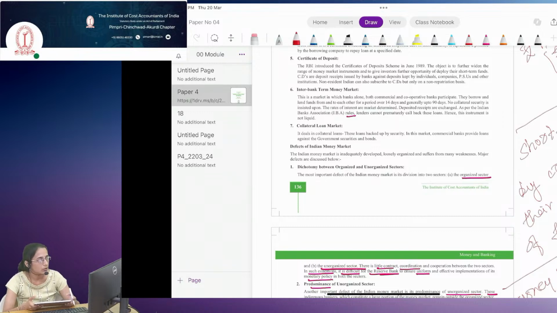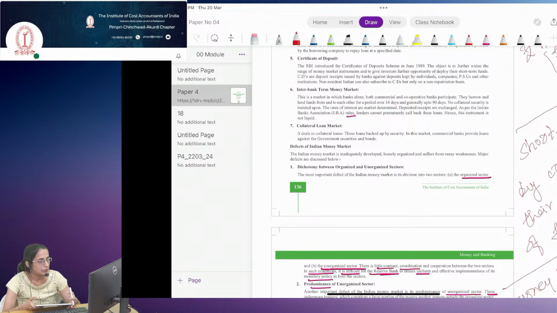Collateral loan market. The name itself suggests a loan market which is collateralized, that is, secured loans. We provide collateral for the purpose of getting that loan. The collateral may be in the form of gold which is kept as a mortgage. It can be a house which is kept as a mortgage. It can be land which is kept as a mortgage. So collateral loans are very secure loans, because what happens if, as a bank, I am trying to recover the amount from the person, but the person is unable to pay due to any case like insolvency, or he has lost his job, or any bankruptcy?